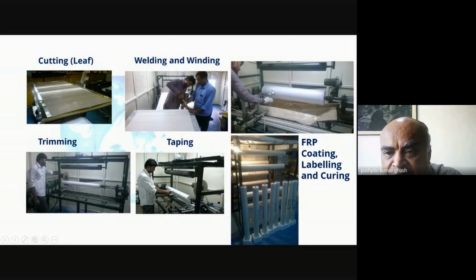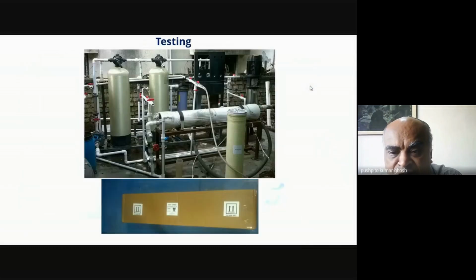And then finally, these are put inside a pressure vessel, and that pressure vessel has to be able to withstand the kind of pressures that you want to use. So if you're trying to do seawater desalination, obviously you'll use a pressure of something like 70 bar, and so your pressure vessel must be able to withstand that. So this is your pressure vessel, and inside that are these membrane modules.